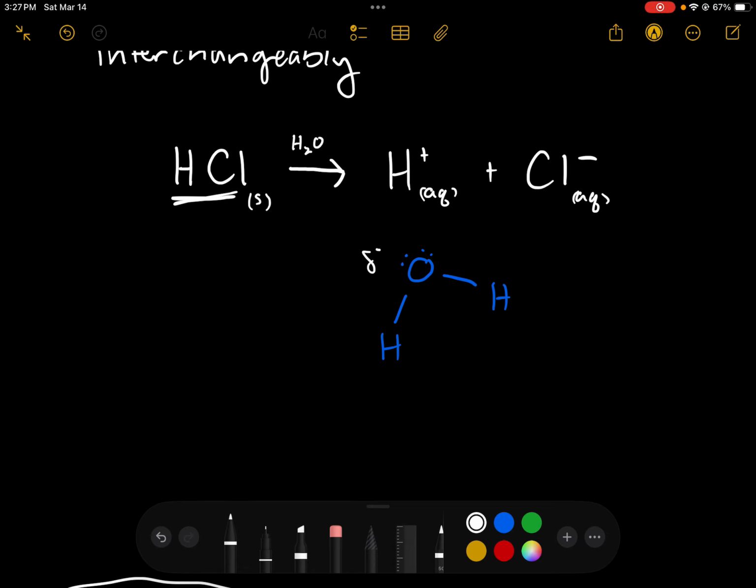And that partially negative end is going to be very attracted to the hydrogen ion. And this little electron pair is essentially going to reach out and form a bond with that hydrogen, creating an H3O+. So this entire complex here is now an H3O+. So you can kind of see how H+ and H3O+ would immediately become interchangeable, because again, as soon as that plain hydrogen ion enters water, it immediately associates with water and creates an H3O+. So again, if you ever see them used interchangeably, that's why.